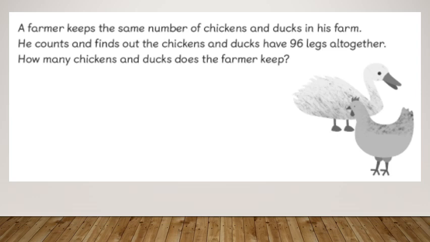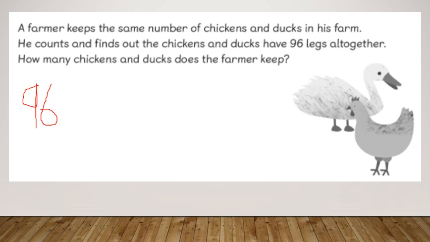Okay, so let's have a look at this one together. We know that the total of legs are 96. That's our total of legs. And we need to work out how many chickens and ducks the farmer keeps. And we know that they've got the same amount, so whichever answer we come up with is going to be the same. But we need to find out how many legs they've got.